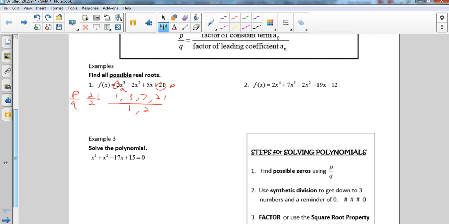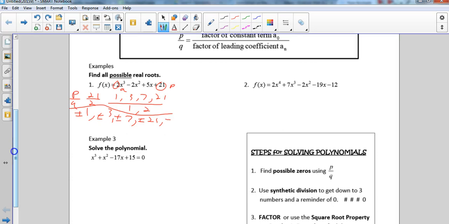I personally am going to do all the whole numbers first. So 1 divided by 1, and we have to remember plus or minus in each of these. 3 divided by 1, 7 divided by 1, and 21 divided by 1. Those are my whole numbers. We've got to keep going.